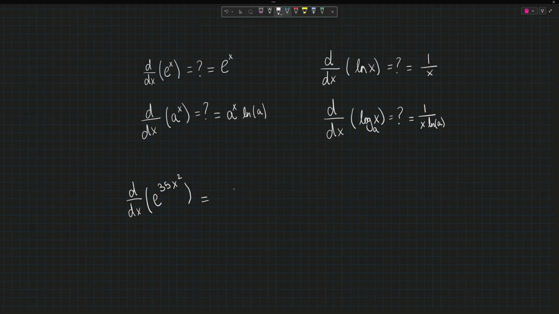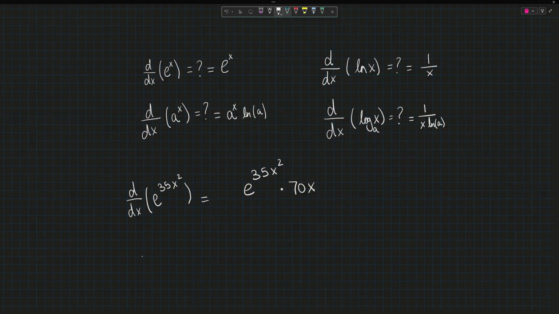So you're doing e to the 35x squared. You keep the inside. And now you multiply by the derivative of the inside, which is this here. So it would be 70x. So that's it. For each of these, the inside would be wherever x is. That would be your inside.